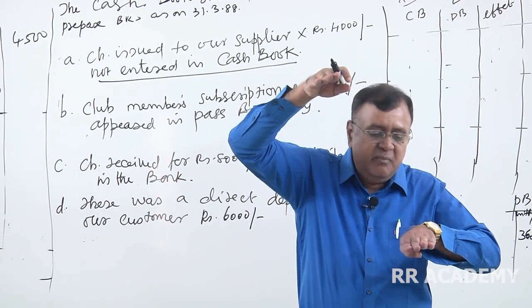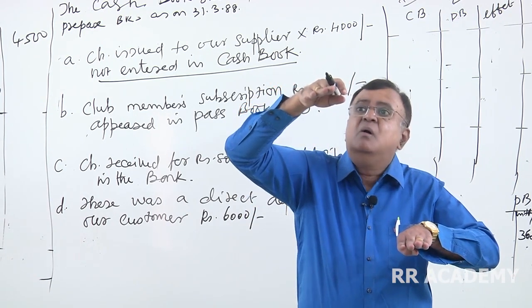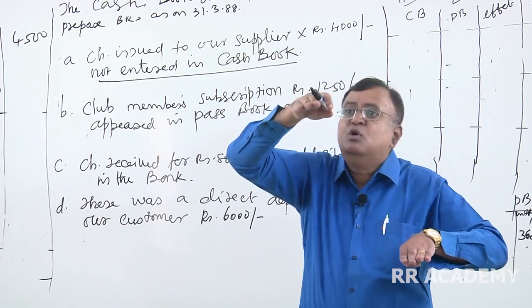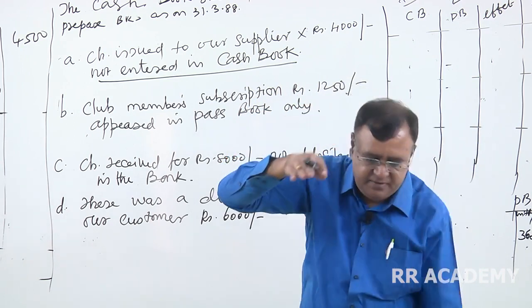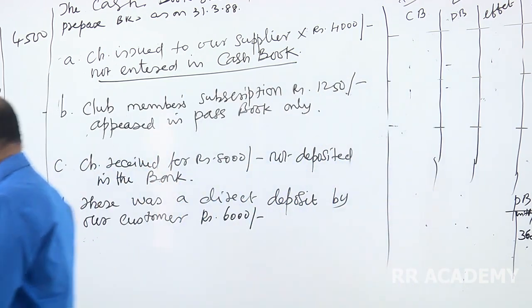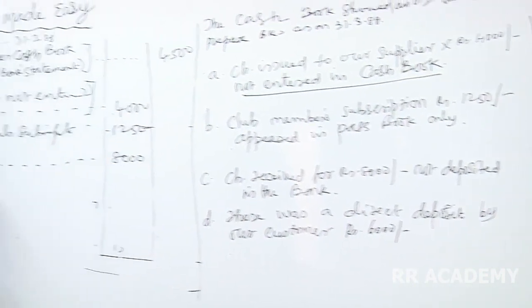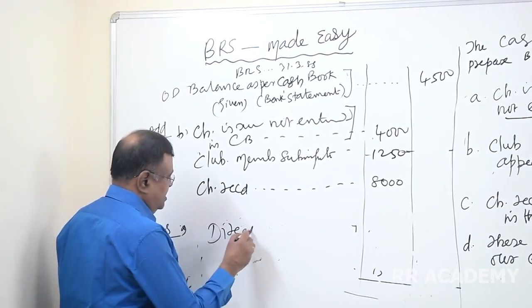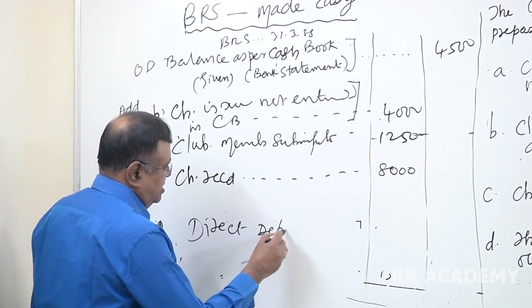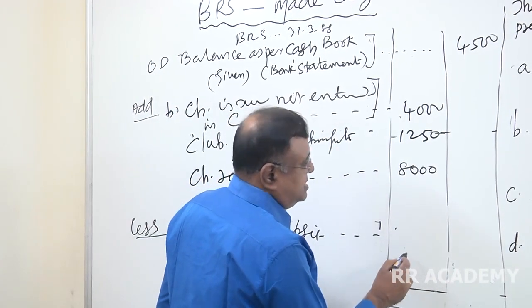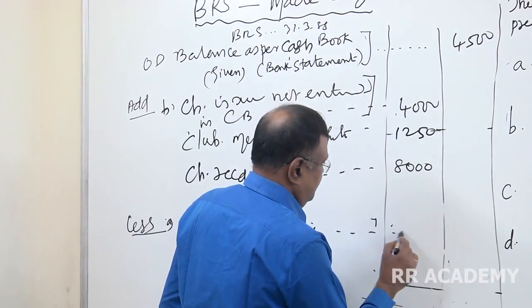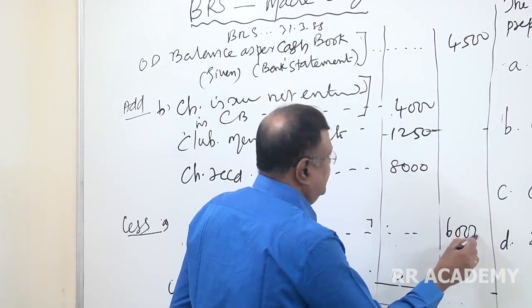Cash book same. Which book do you want? Passbook you want. Therefore, add. Because it is overdraft, less. So, direct deposit. The answer is 6,000. We can write here 6,000.